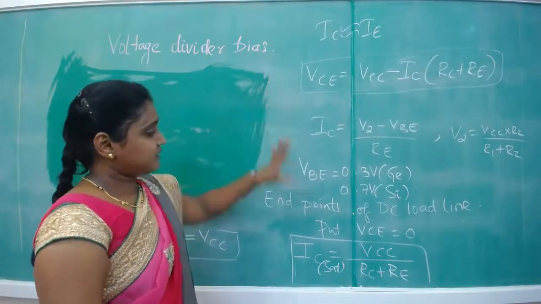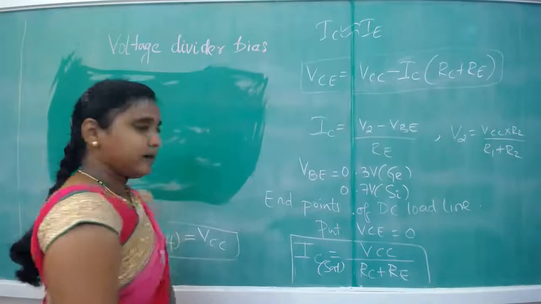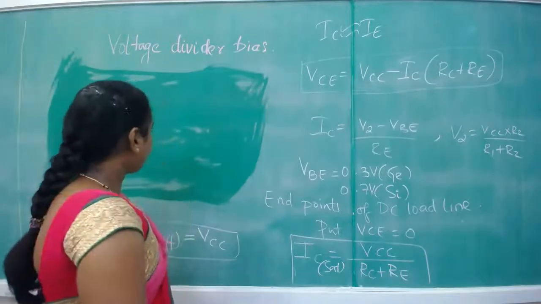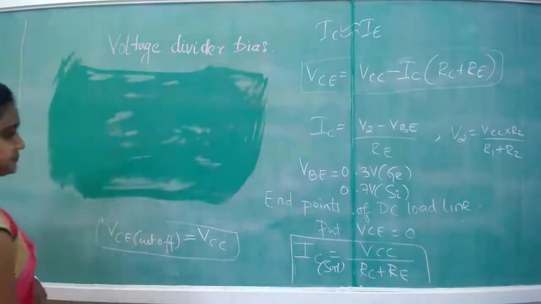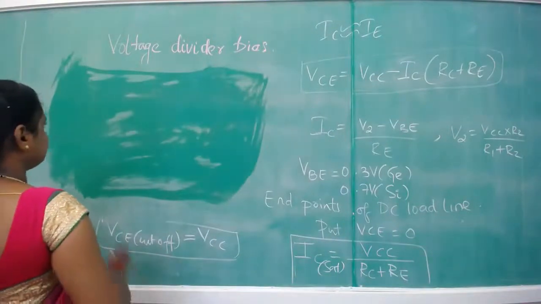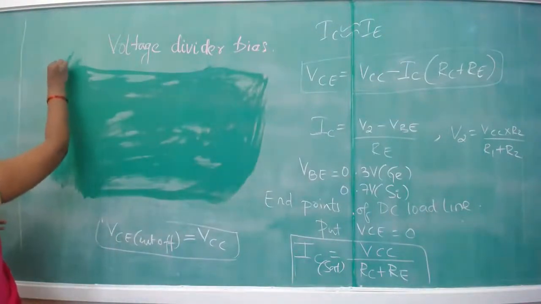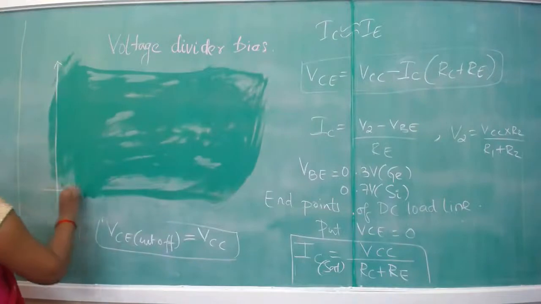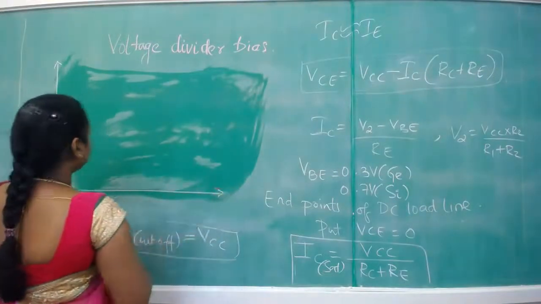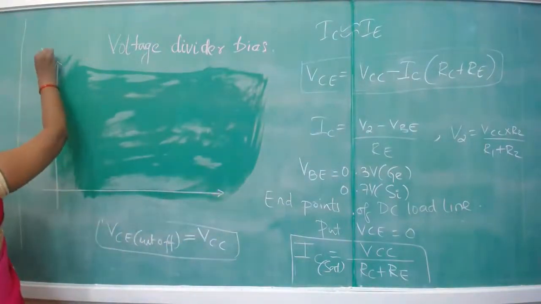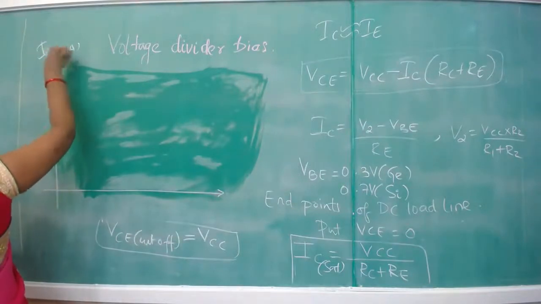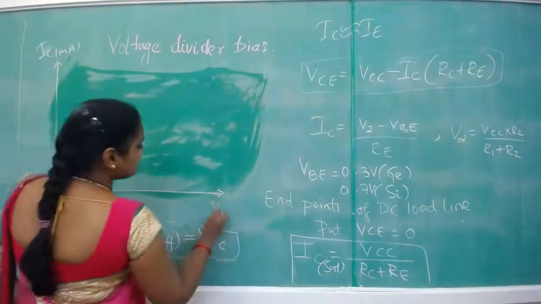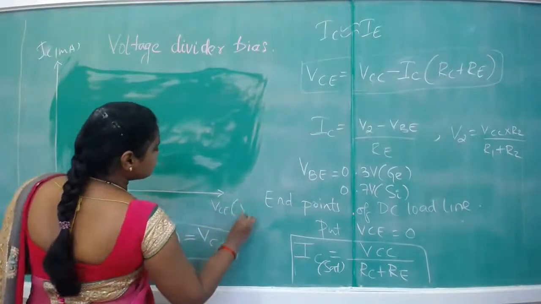From this expression, we have found the two endpoints of the load line. So I am drawing the load line now on the output characteristics of a voltage divider bias circuit, where it is IC in milliamperes and here it is VCE in volts.